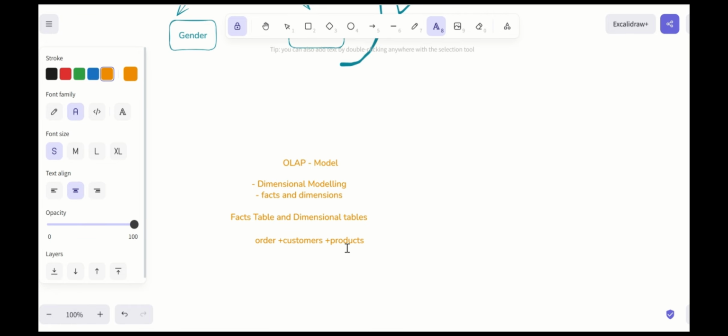So that means we're going to come up with 3 tables using these 3 items.